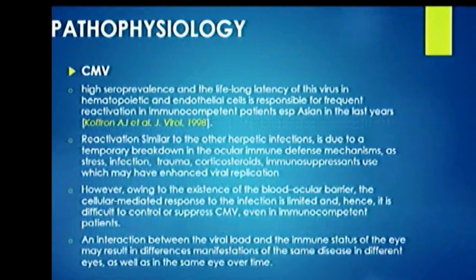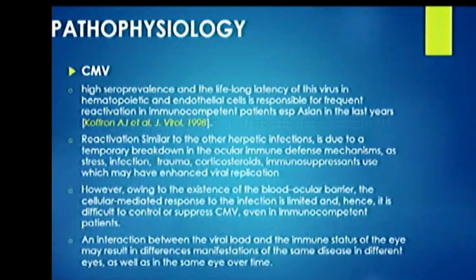So this is a lady, about 65 years old. At presentation, she had a pressure of about 35 millimeters of mercury, with very chronic use of topical steroids and anti-glaucoma medication. At presentation she had corneal edema. Why corneal edema? Because cytomegalovirus tends to cause endotheliitis. In addition, she had diffusely distributed mutton-fat keratic precipitates.